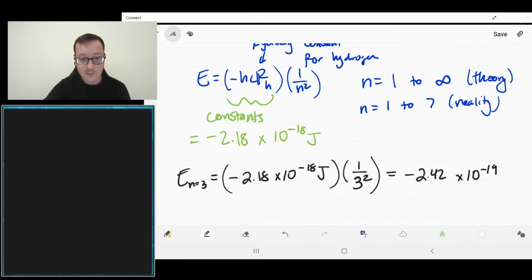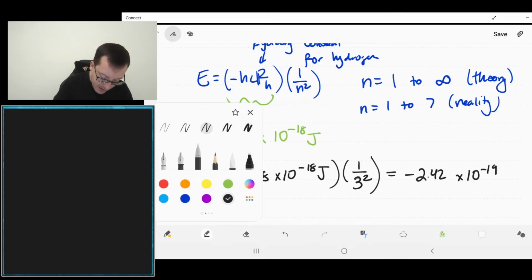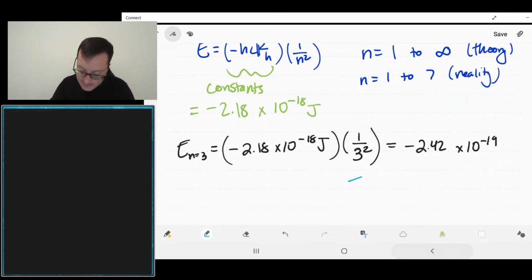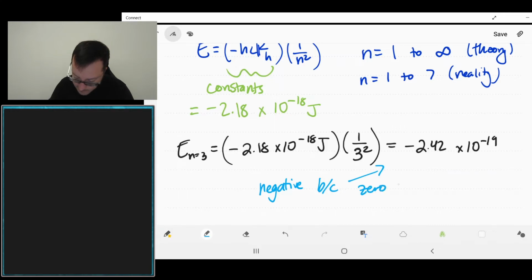The reason for this is because we assign 0 to the maximum amount of energy. So that's why this is negative. And we also do it because when we talk about energy levels, we frame it so that we'll get a positive answer when we emit a photon. So this is negative because 0 is defined when n is infinity.